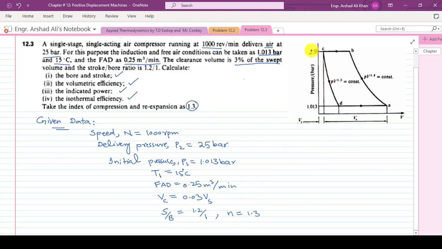So this is the PV diagram, the pressure and volume diagram. This is P1 and this is P2. P1 is 1.013 bar and P2 is 25 bar. These are the compression and re-expansion processes.